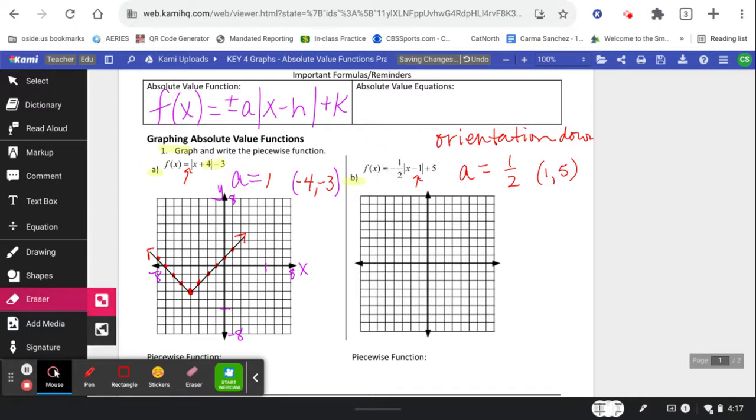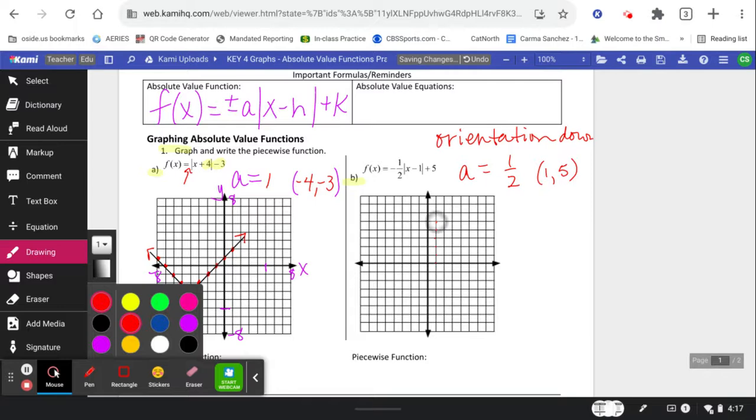Here we go. Go put a dot at 1, 5, out 1, up 1, 2, 3, 4, 5. And then we're counting a slope of down 1, right 2, down 1, right 2.